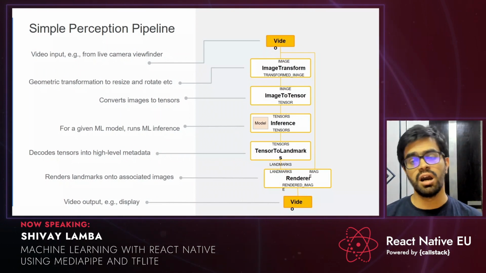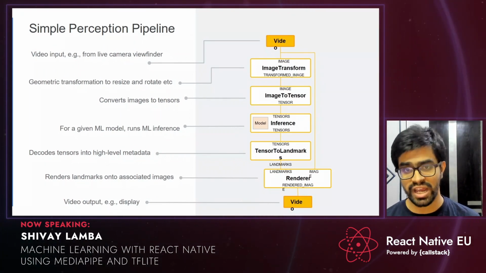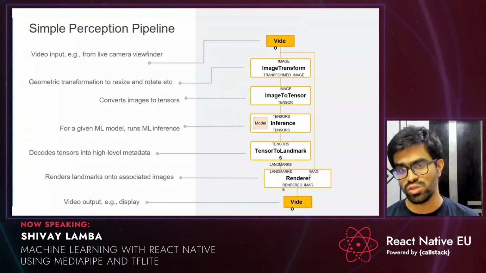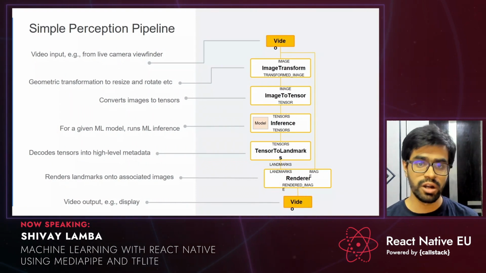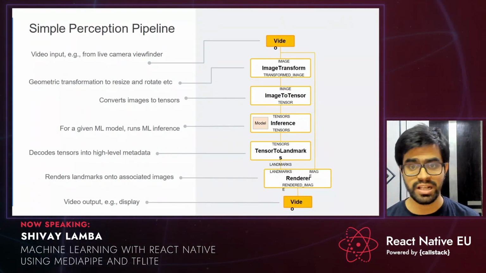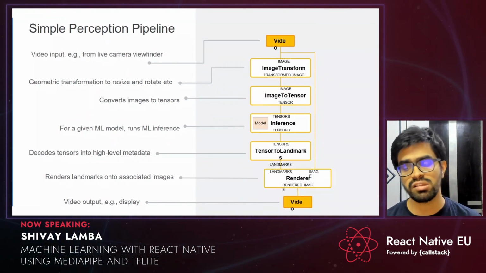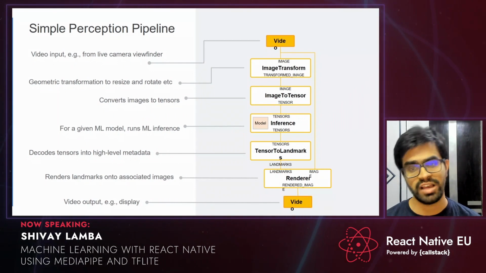Since MediaPipe internally uses TFLite, we are converting our image that we get from our video input into tensors. Now, if you are not aware of tensors, tensors are essentially numerical arrays, high dimensional arrays that contain values, and again these can be used for different kinds of calculations.